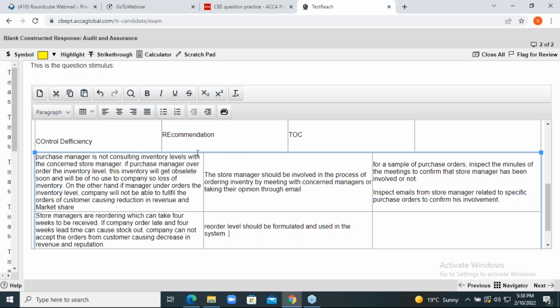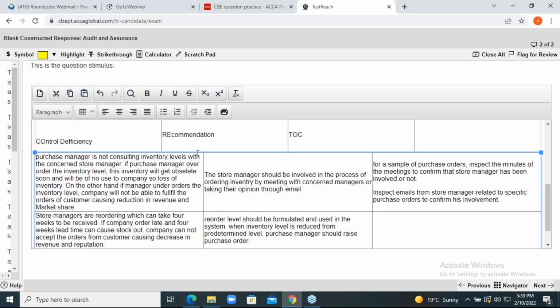Now you should also explain how this reorder level should work: when inventory level is reduced from a predetermined level, the purchase manager should raise a purchase order.